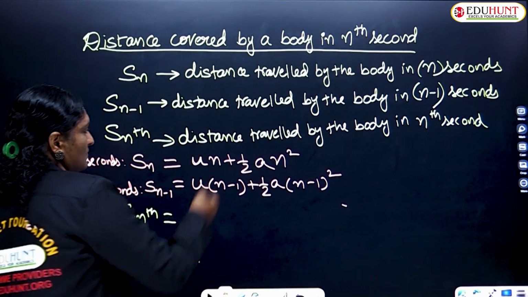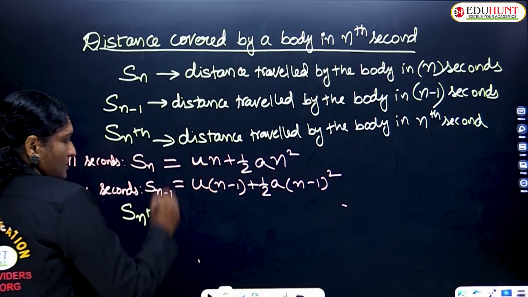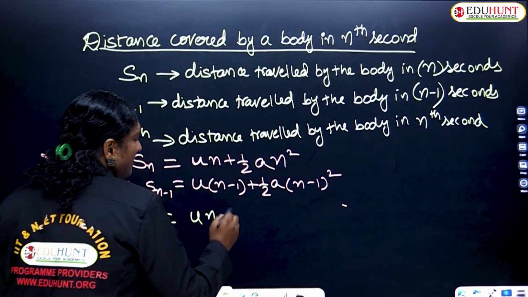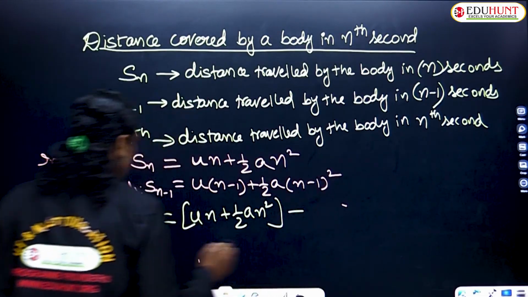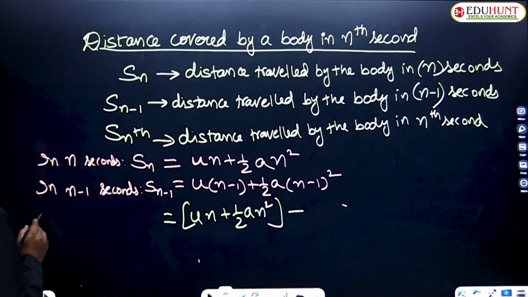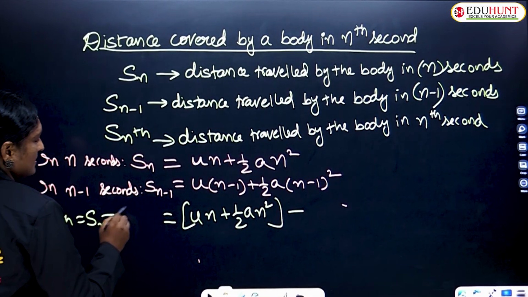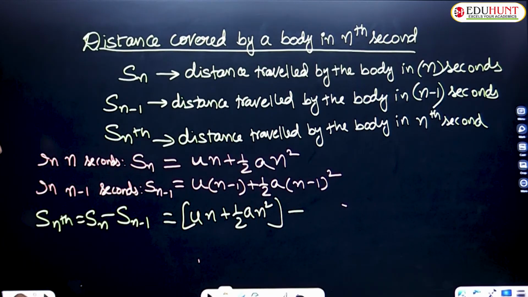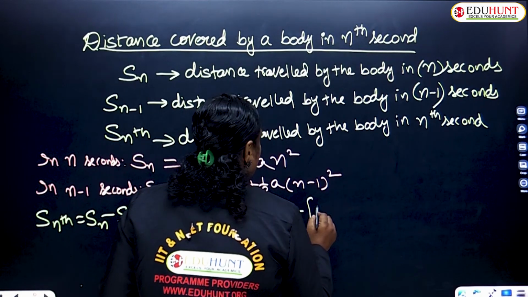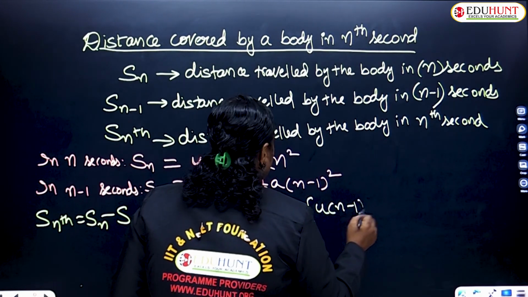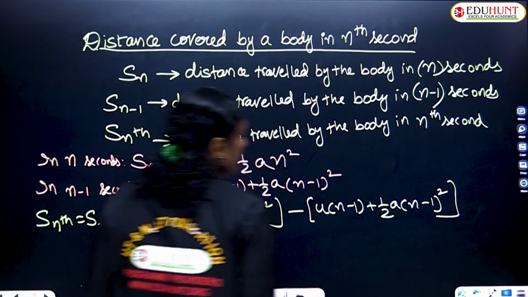This is the highest and this is the lowest. The difference between these two is un plus half an square minus... So the distance in the nth second is the distance traveled by the body in n seconds minus the distance traveled in n minus 1 seconds. So this whole minus u into n minus 1 plus half a into n minus 1 whole square.